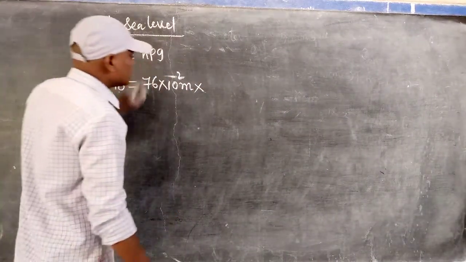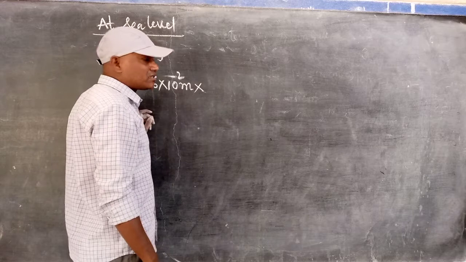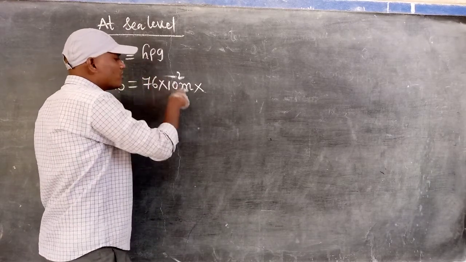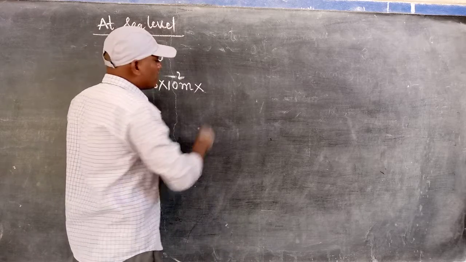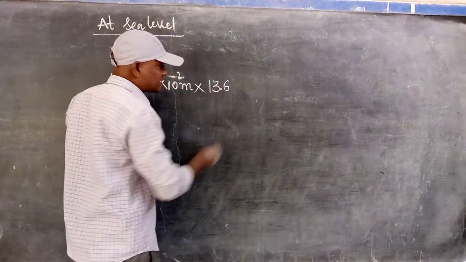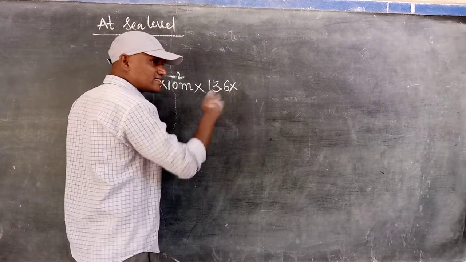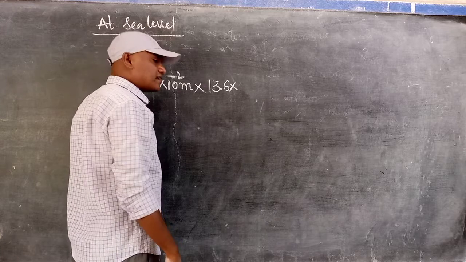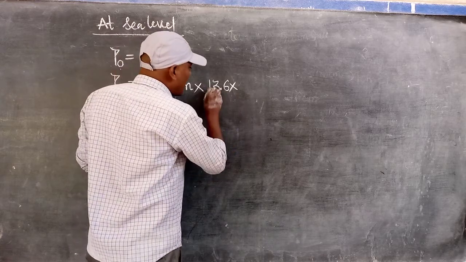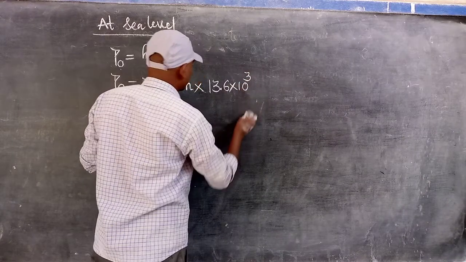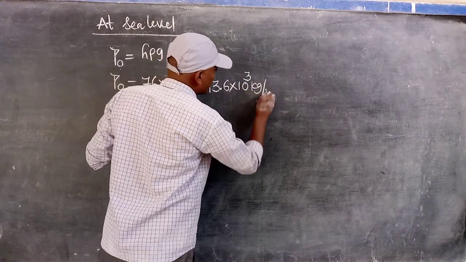Rho is the density of the mercury, and h is the height of the mercury column at sea level. What is the density of mercury? 13.6 grams per cc, but in SI unit it is 13,600 kilogram per meter cube, or 13.6 into 10 power 3 kilogram per meter cube.